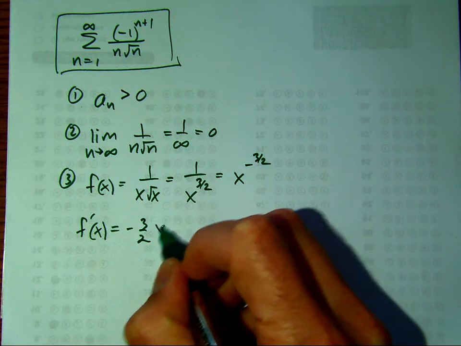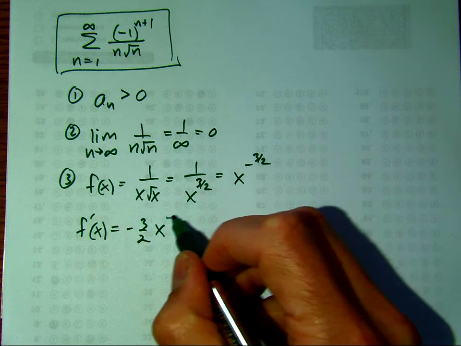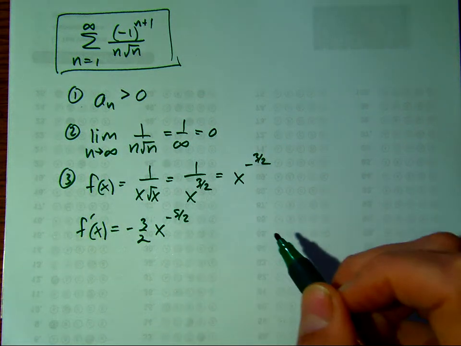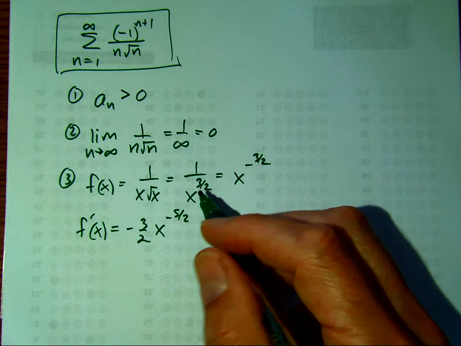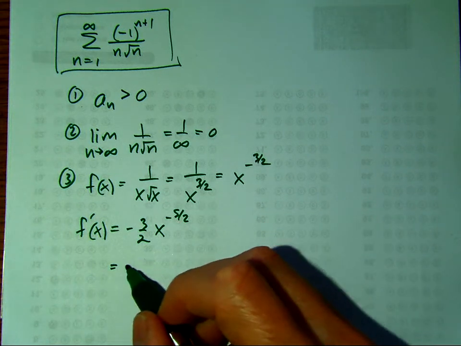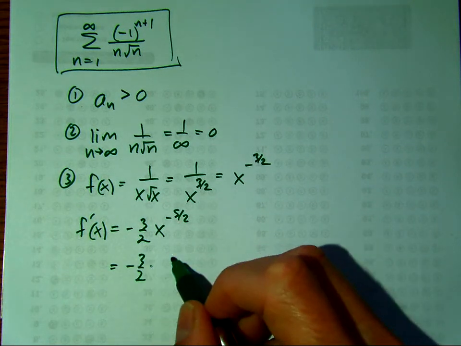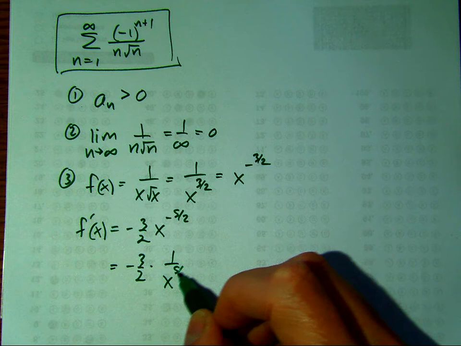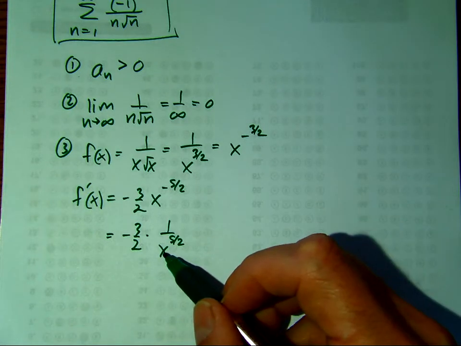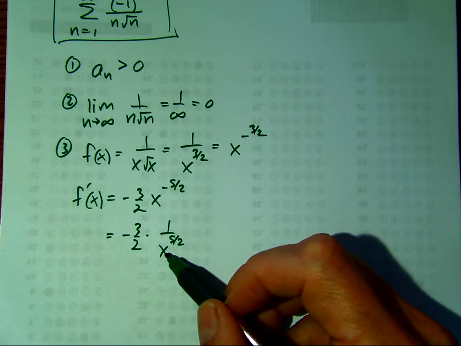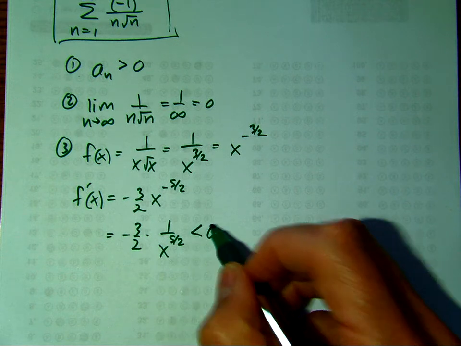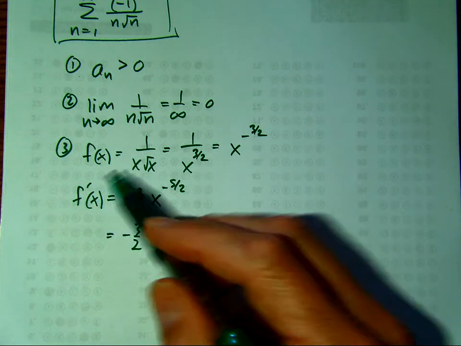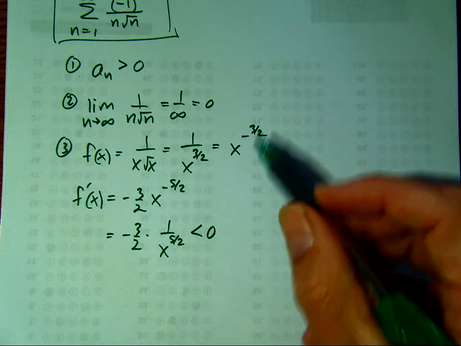Subtract 1, we get -5/2. So we can rewrite that as -3 over 2 times 1 over x to the 5 over 2. We're only using positive numbers anyway, so this is positive times a negative. That's less than 0. The derivative is negative, so the sequence is decreasing.